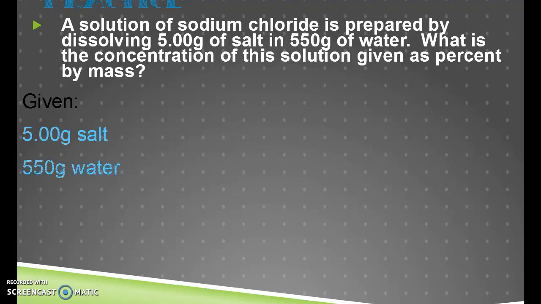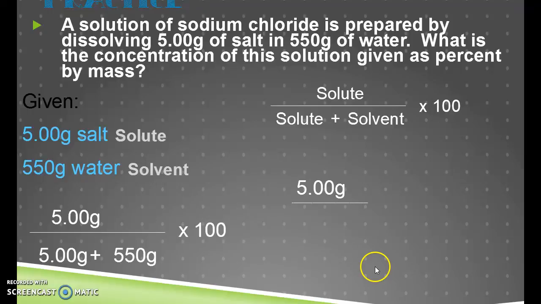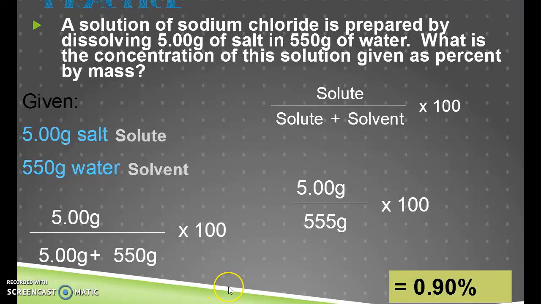Oh goodness, I'm so sorry, y'all. I forgot that I had it set up two different ways for us to solve. Okay, so we're going to take our 5 grams and we're going to divide it by the 5 grams plus the 550 grams. So we're going to multiply that times 100 for a percent of 0.90%, a solution of salt water.